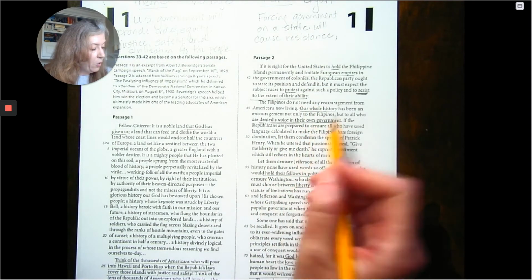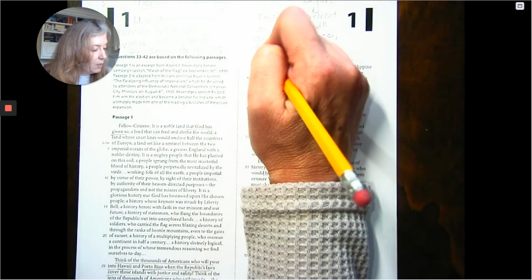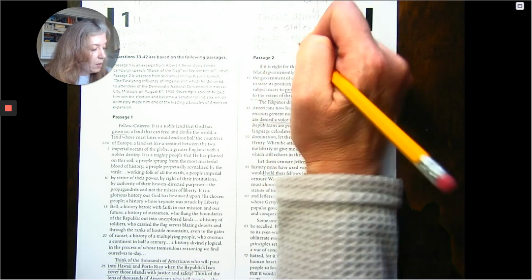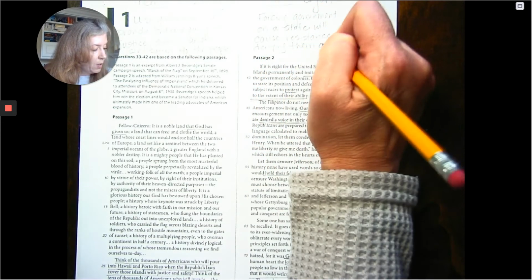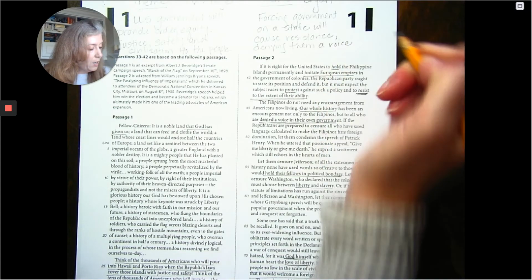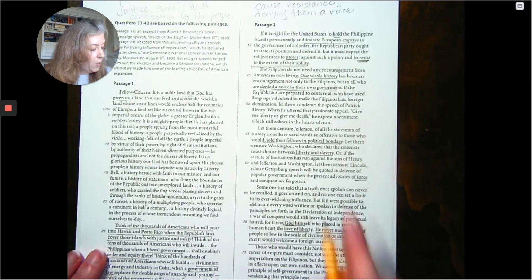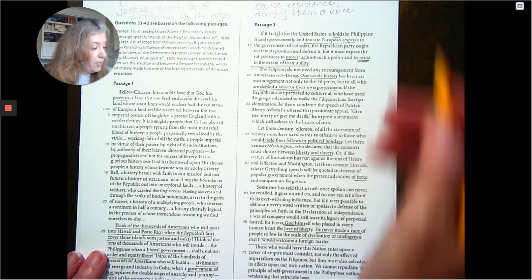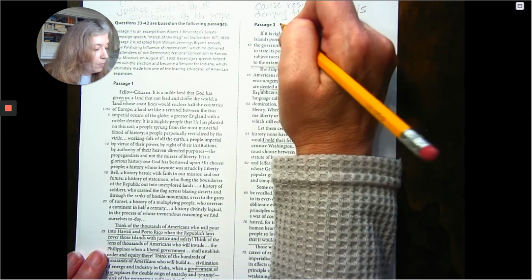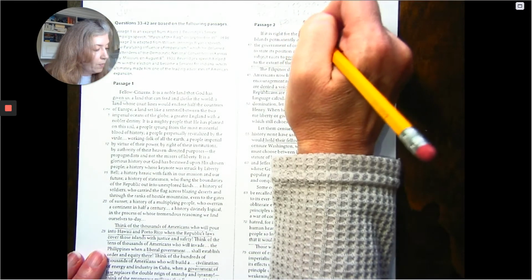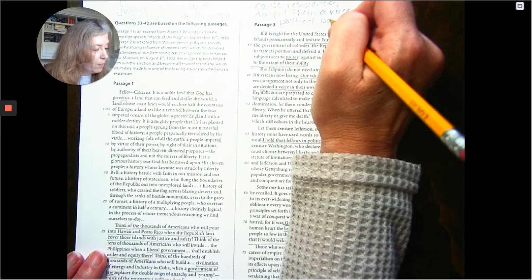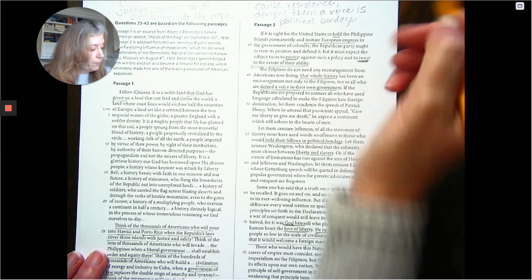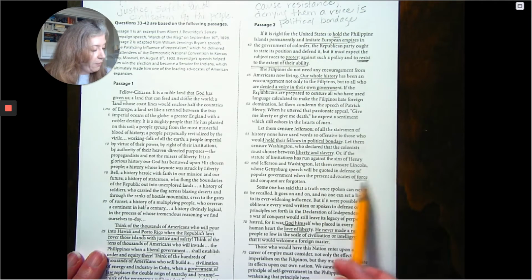Denying them a voice in their own government. Denying them a voice is political bondage. Slavery, force.